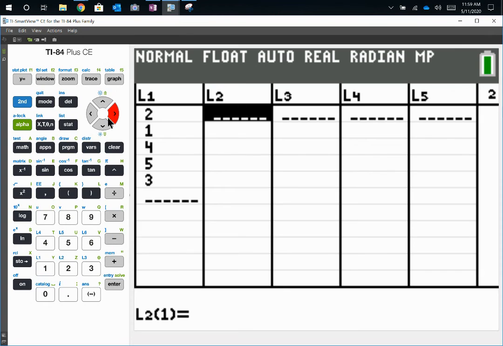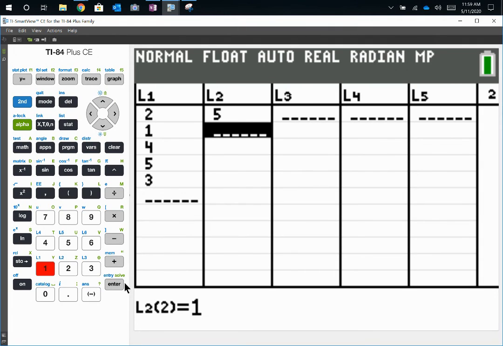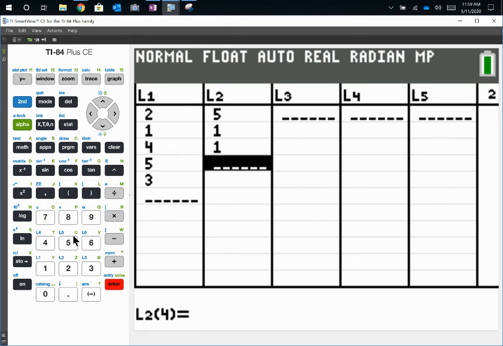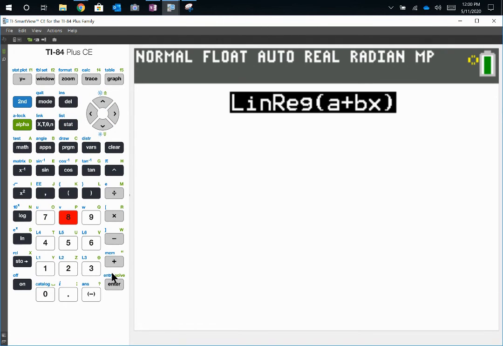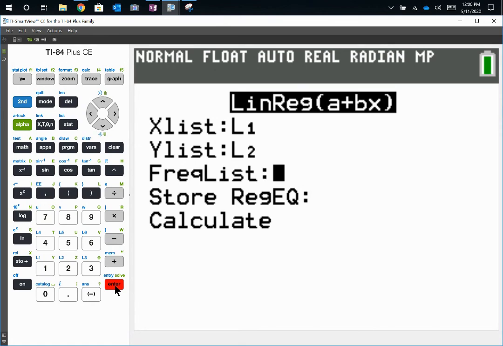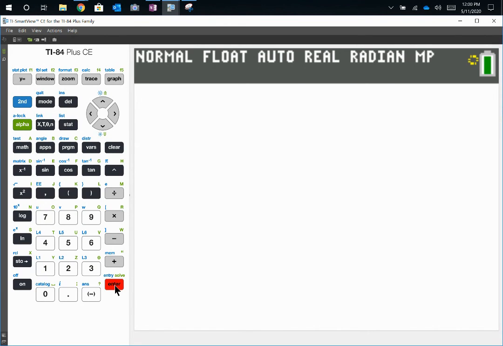Then in the next list, I'm putting in for the female 5, 1, 1, 8, and 2. Stat, calculate, number 8, enter, enter, enter.